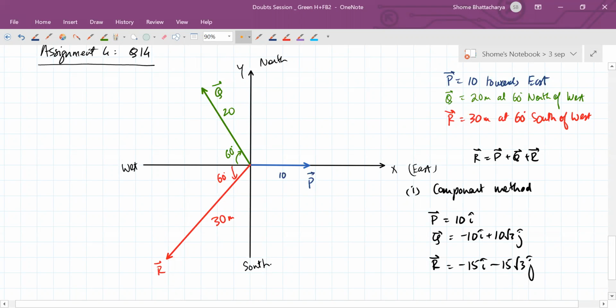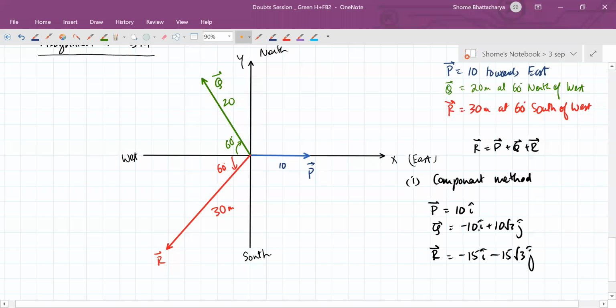Yes. So the sum of them, let's say this is R prime, this is the sum of them. So sum these up. So it's minus 15, and sum these up.